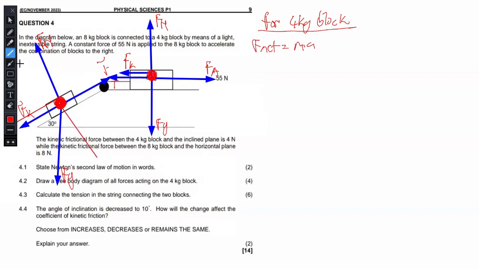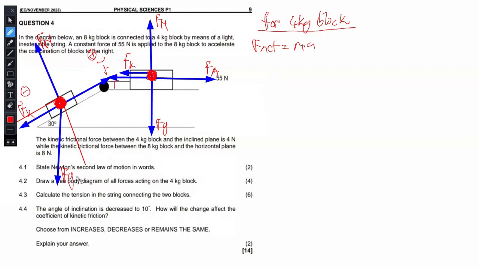So this is where you have to remind yourself that there are the components, the Fg perpendicular and Fg parallel. So that means your F net in this case would have to be represented in this manner. Now this is being pulled upward, right? So this is your positive direction, and this is your negative direction right here.